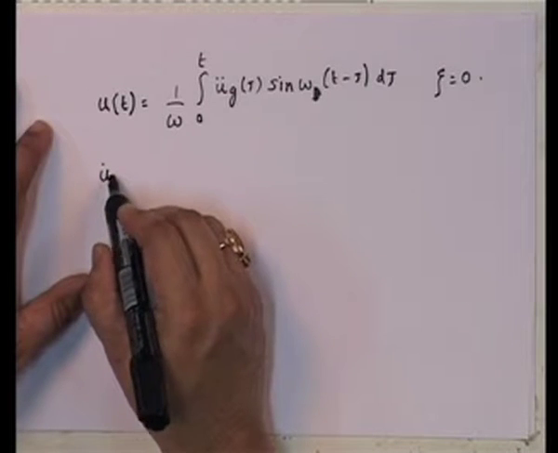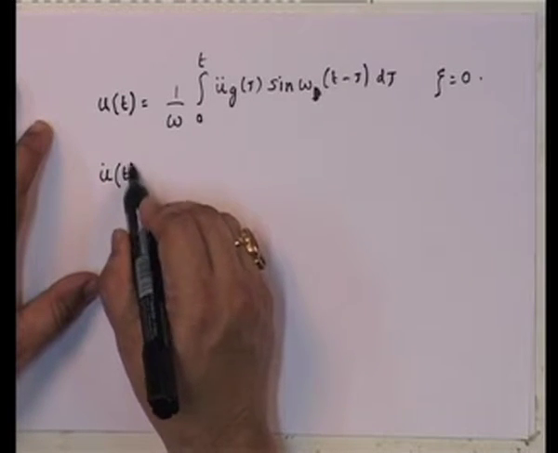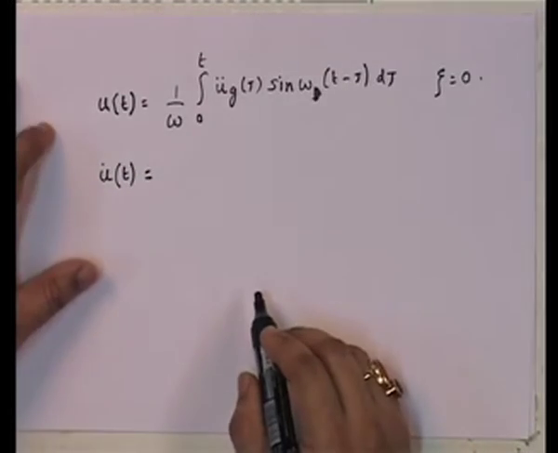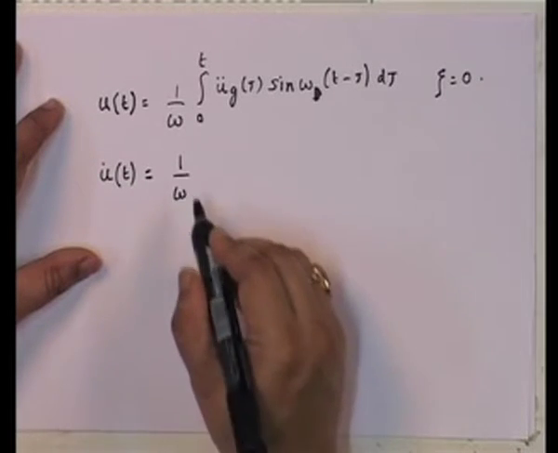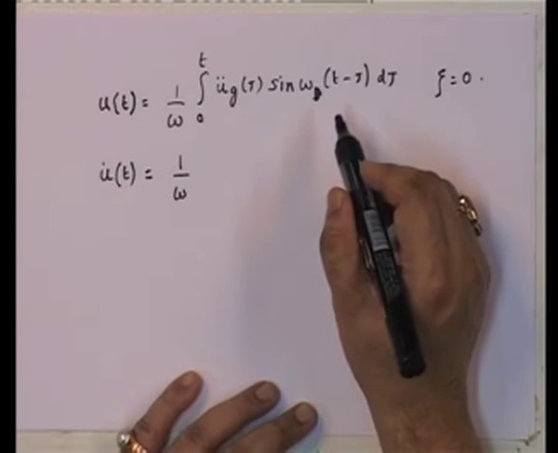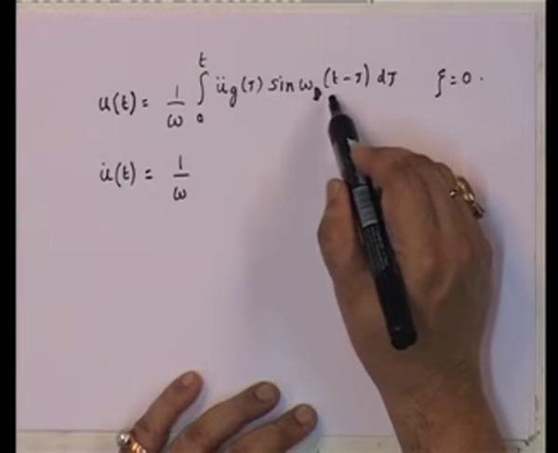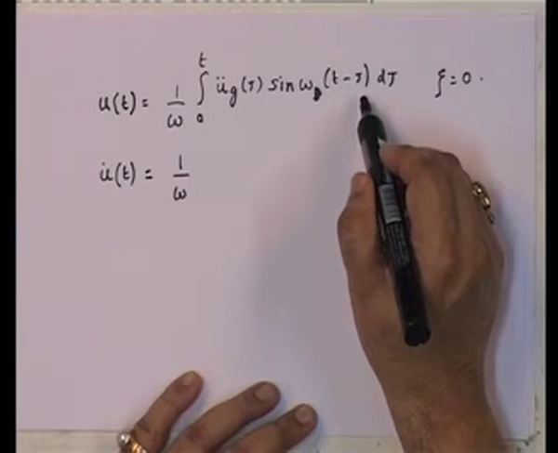What do we get? Let us look at this sin omega (t minus tau).